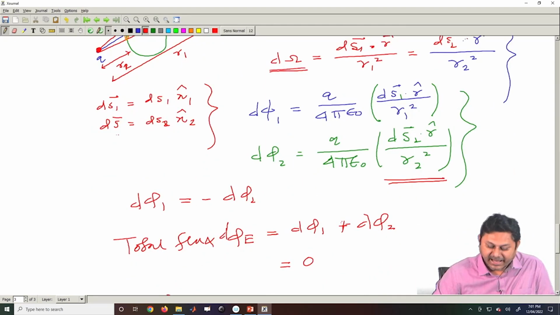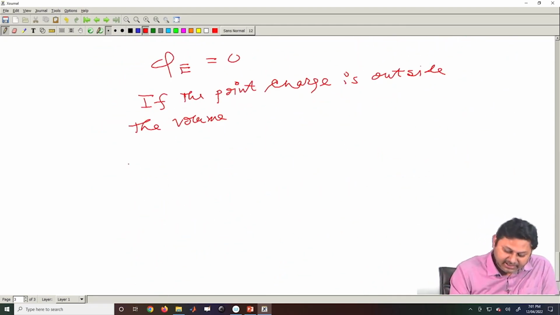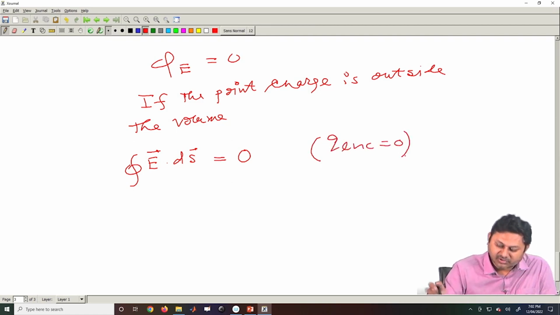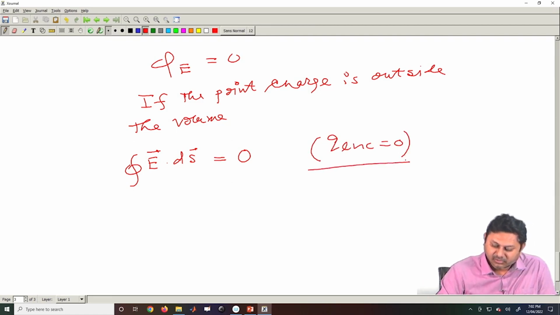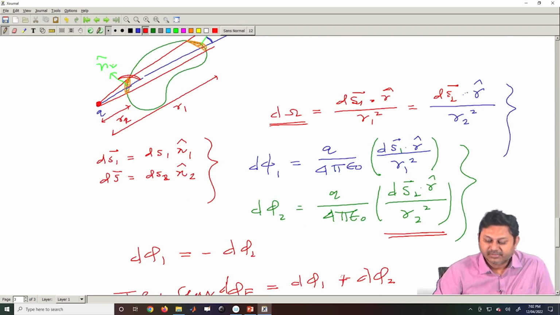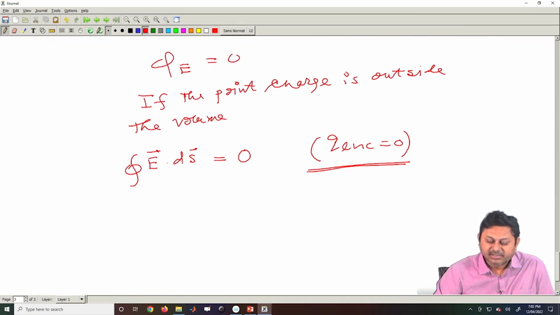So, the closed integral of E dot ds for this charge is 0, which is consistent with Gauss's law, and we also proved that with this figure.